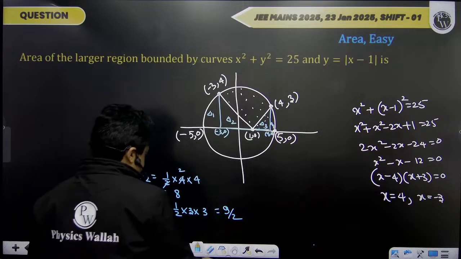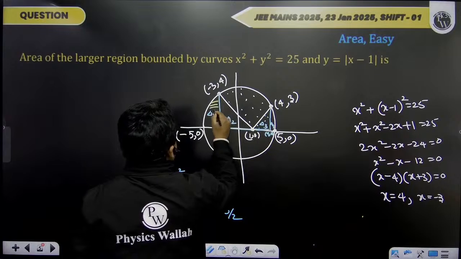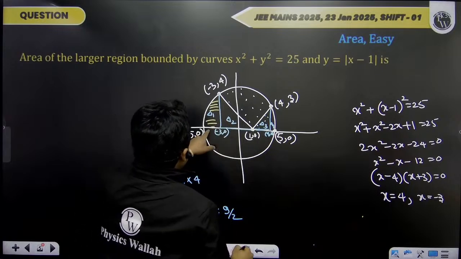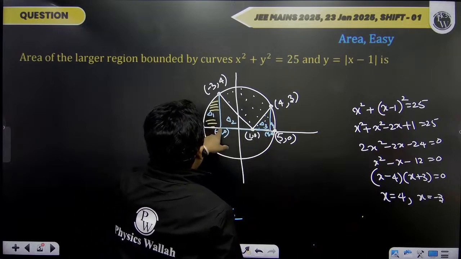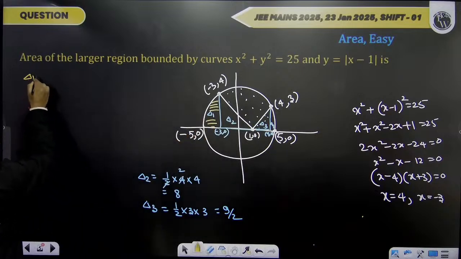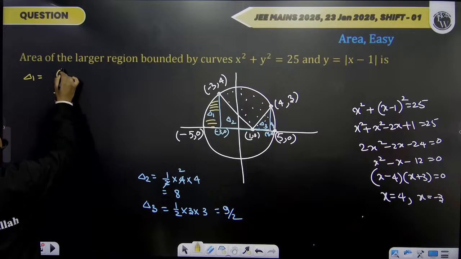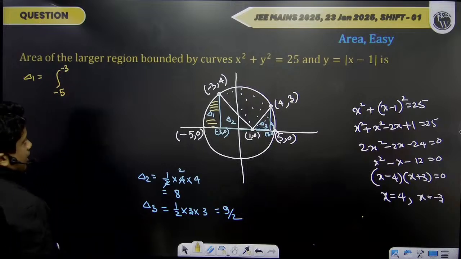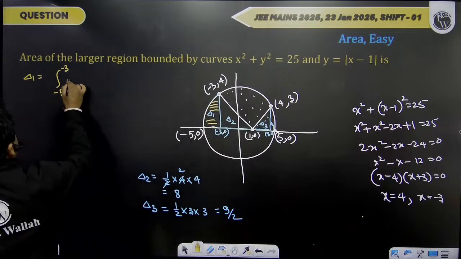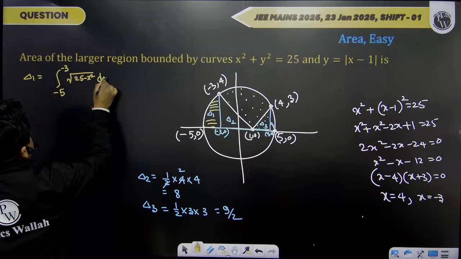Now we have to find, this will be a little bit difficult to find because we have to use the integration part. This is from where to where? This is from minus 5 to minus 3. So let's name it delta 1. So delta 1 is from where to where? This will be from minus 5 to minus 3. Y will be equal to what? Y will be root over 25 minus x square into dx.